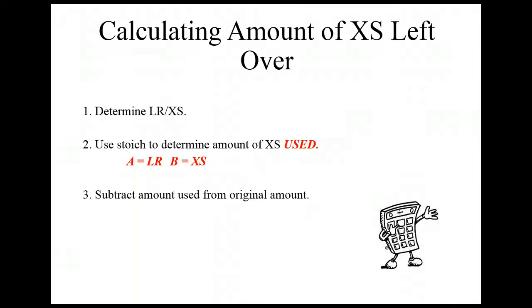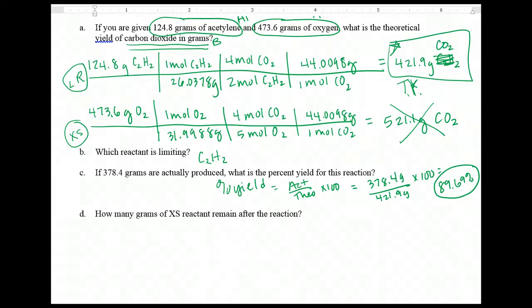So let's take a look at part D on that same problem we were just working on. Letter D says how many grams of excess reactant remain after the reaction. As the last slide discussed, when you're trying to find the amount left over, the key is that you set up A, or use A as your limiting reactant, and your B should be the excess reactant.